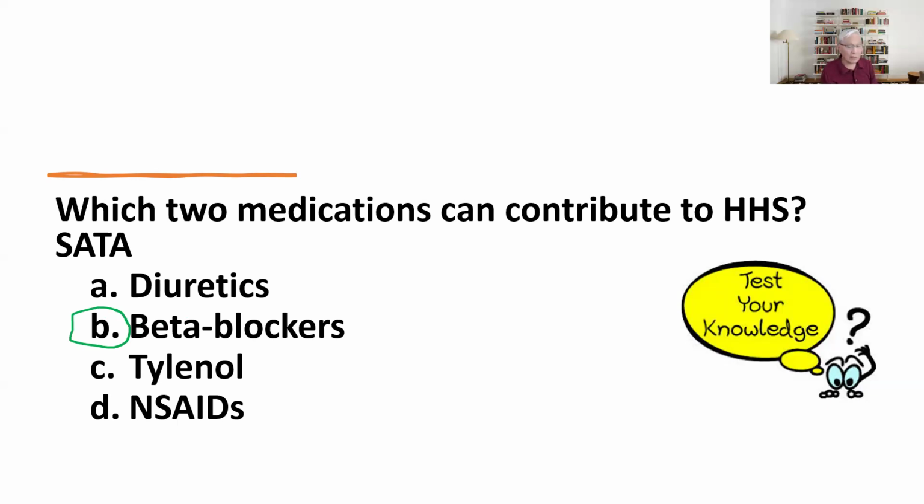And actually, Tylenol, we don't know. Non-steroidals, we don't know. The other one that can contribute to decreasing insulin secretion is actually diuretics. This is new evidence. So diuretics and beta blockers have the potential of decreasing insulin secretion.